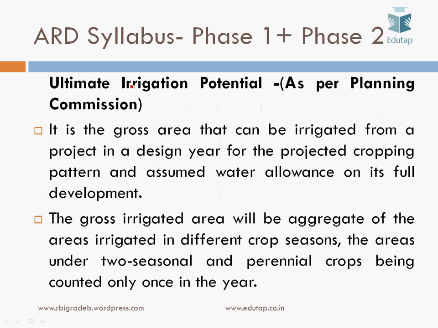When we talk about irrigation potential, there are various terms that are used. One is irrigation potential created. One is irrigation potential utilized. These are very important terms: IPC, that is irrigation potential created, and IPU, that is irrigation potential utilized. And the third term is ultimate irrigation potential. Let's see these terms. Now when we talk about ultimate irrigation potential, it is the gross area, not the net area.